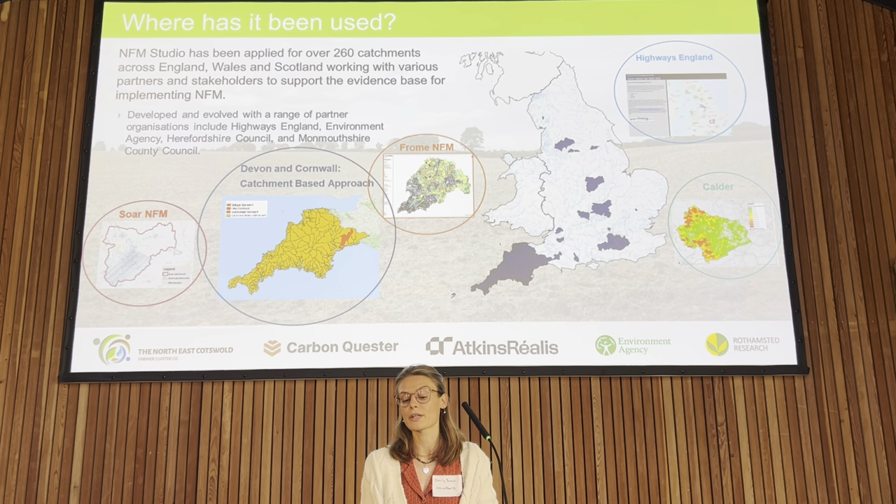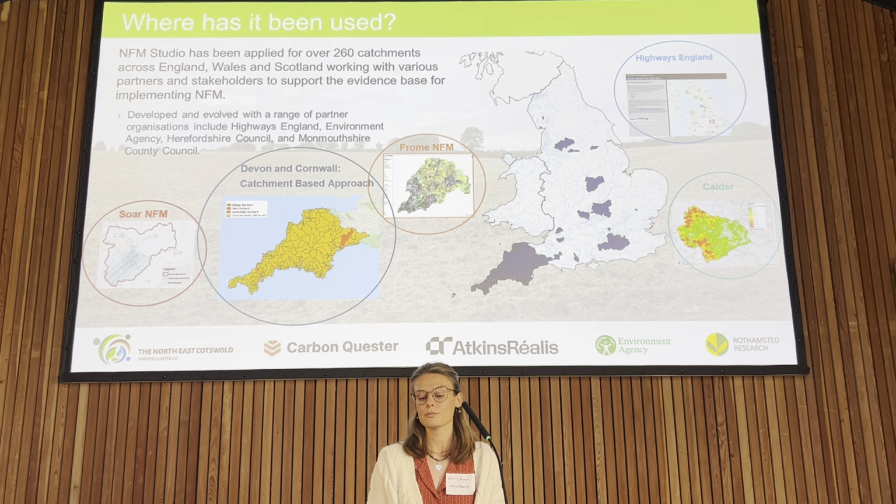So for example, working with the Environment Agency in the Calder catchment in North Yorkshire, looking at how we could build in peatland restoration measures, understanding how peatland functions in the hydrological system, and how restoring peatlands also influences natural flood management responses.